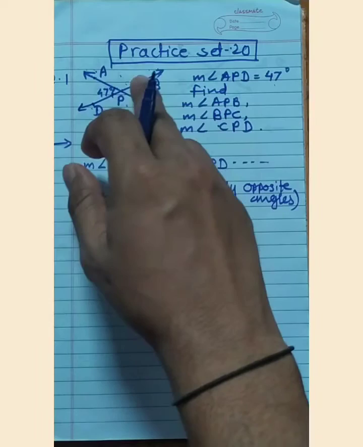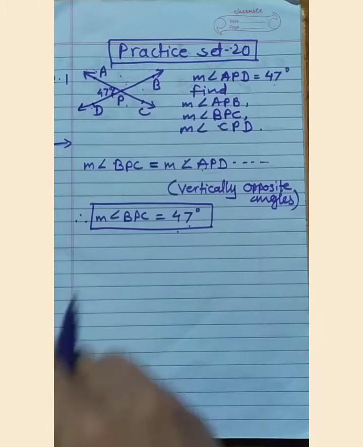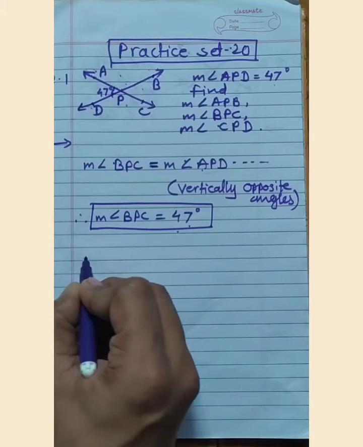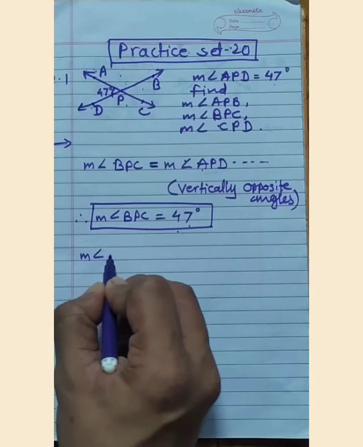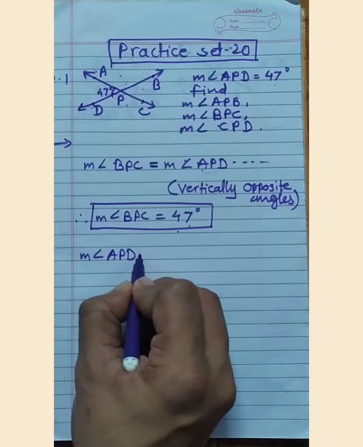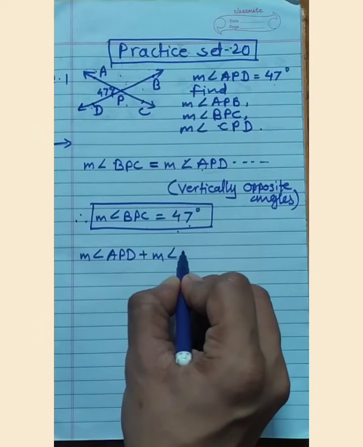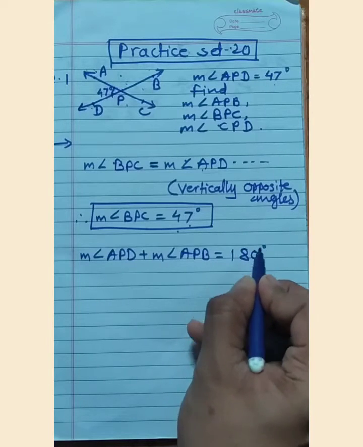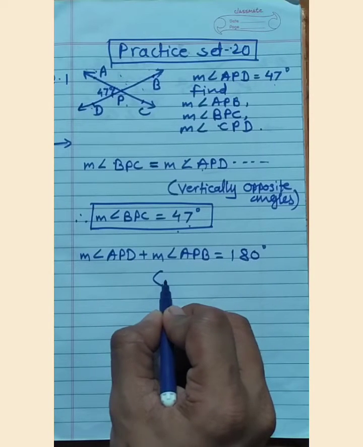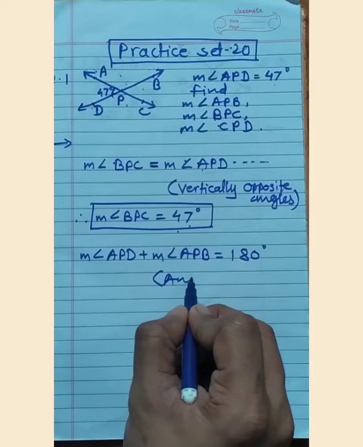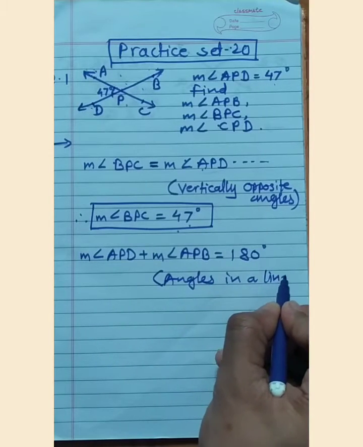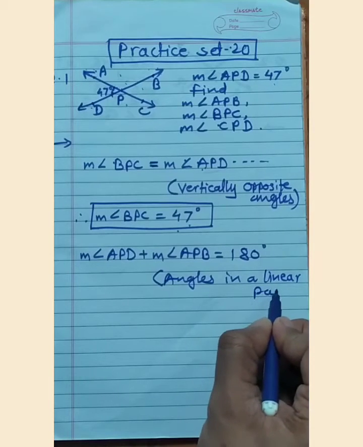So measure of angle APD plus measure of angle APB is equal to 180 degrees. You have to write the reason here: angles in a linear pair.